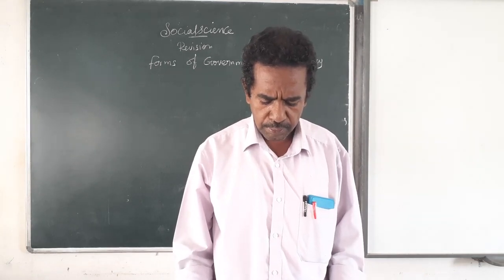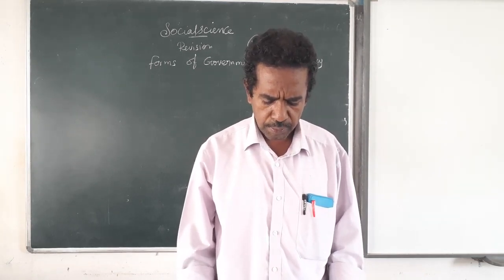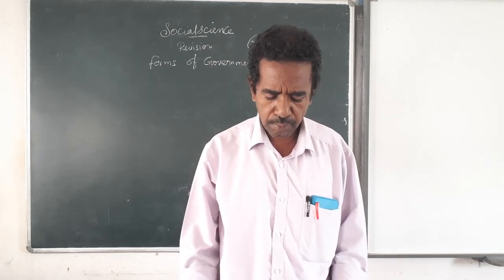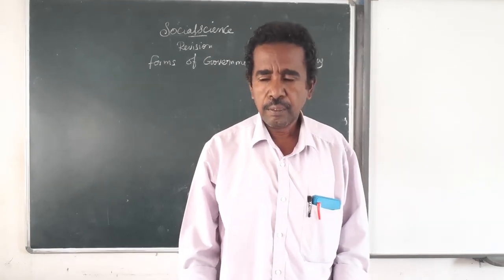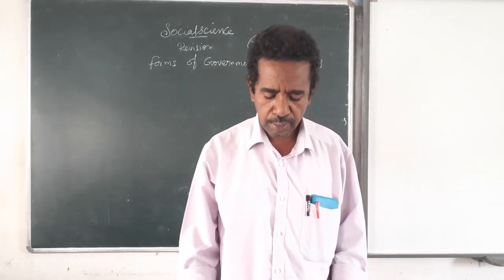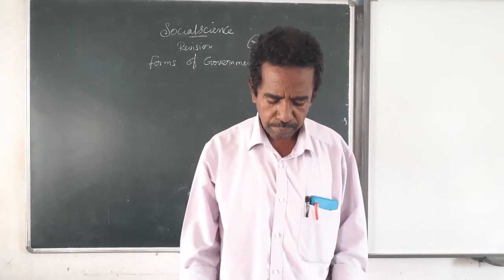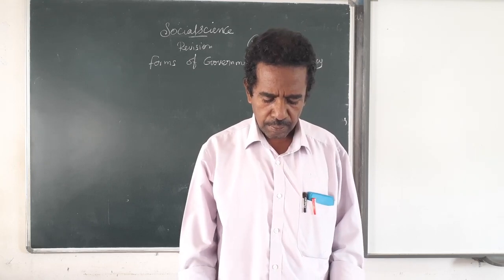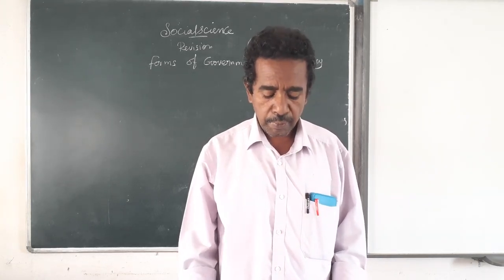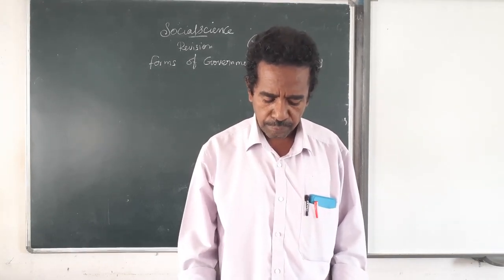Eradication of social evils and dangers from which democracy suffers. There are so many social evils existing in Indian society, and they must be eradicated. Then only the democracy will be successful.